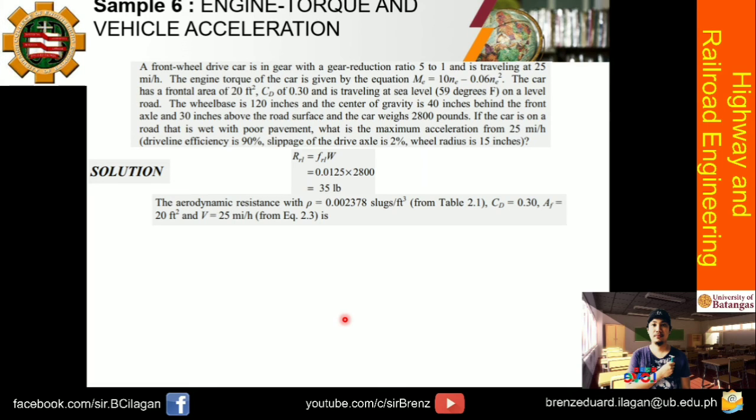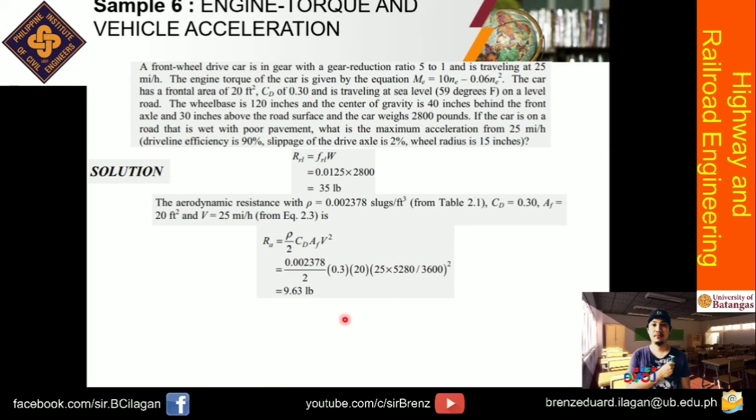So C sub D is 0.3, A sub F is 20 square feet, and the velocity is 25 miles per hour. So R sub A is equal to rho over 2 times C sub D times A sub F times V squared, or that is 0.002378 over 2 times 0.3 times 20 times 25 times 5,280 over 3,600 squared. Or R sub A is 9.63 pounds.